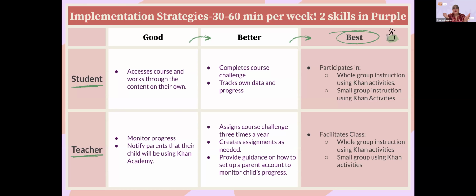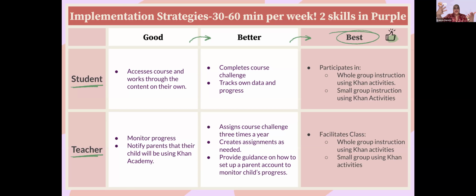We have found that the most effective approach includes completing the course challenges because that's going to give you and the student a baseline of where they are for that course. Again, that's recommended 3 times per year, beginning, middle, end. Setting those mastery goals, you can set it at the course level, right?